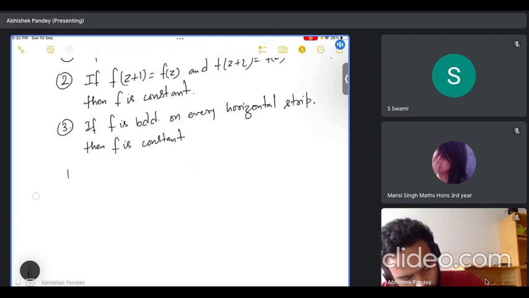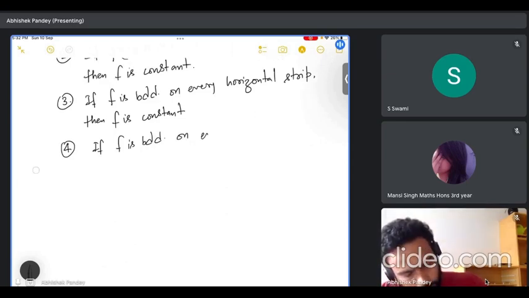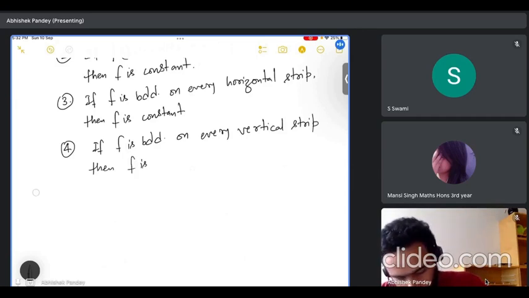Fourth option is, if f is bounded on every vertical strip, then f is constant.